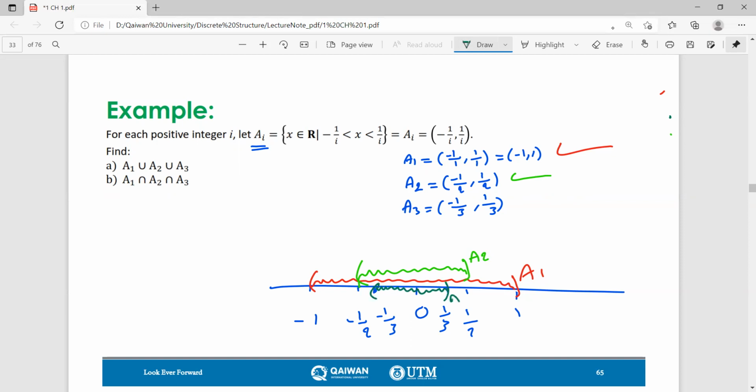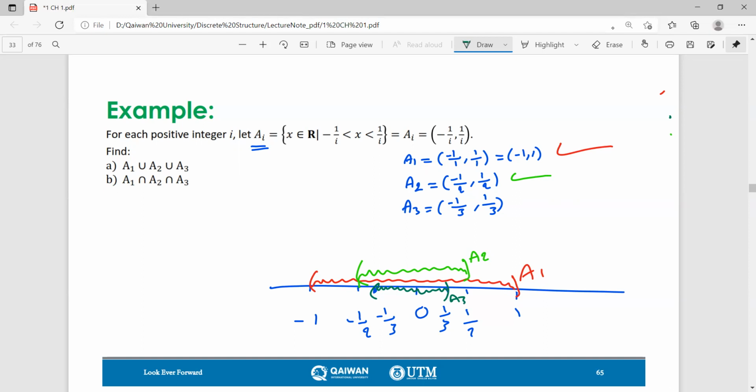This is A3. So what's the intersection of these three sets? The intersection of these three sets is A3, is it? It's A3. The intersection of A1, A2, and A3 is the common area, which is in all sets.